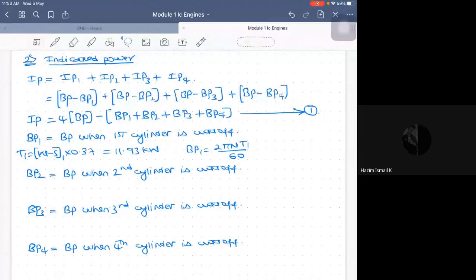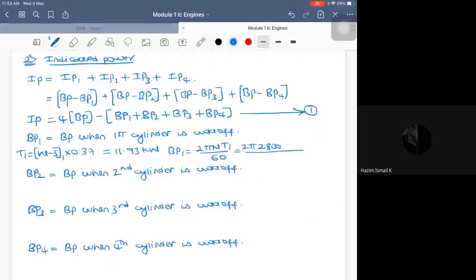Now, go for the BP1 calculation. So it is 2 pi N, 2800 divided by 60 cross. Oh, you have given directly the value of BP1.